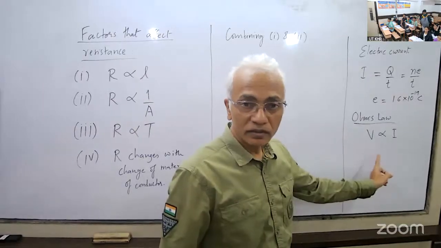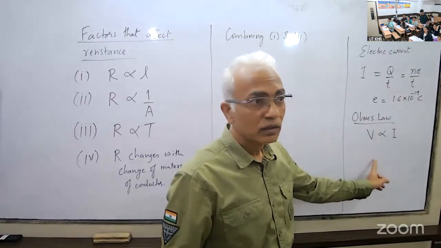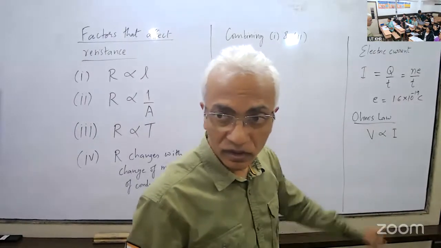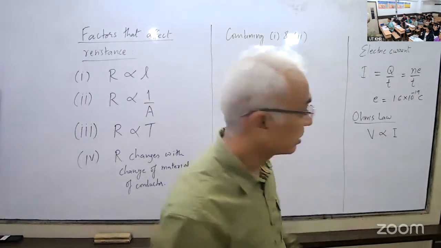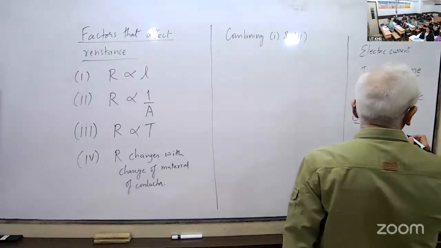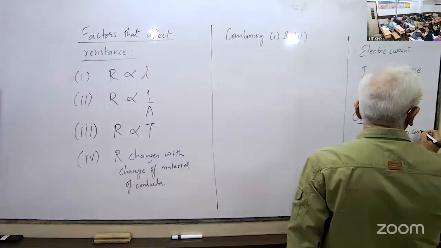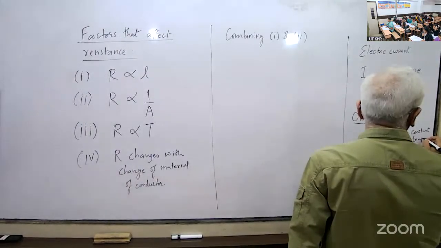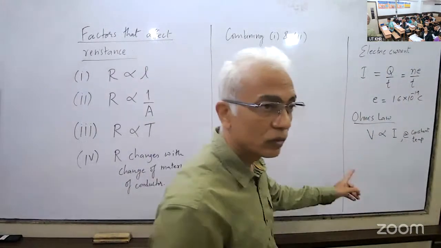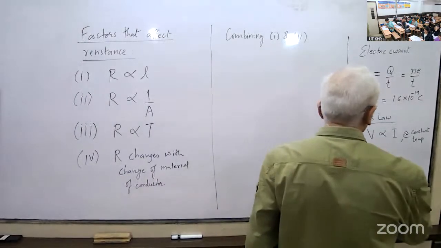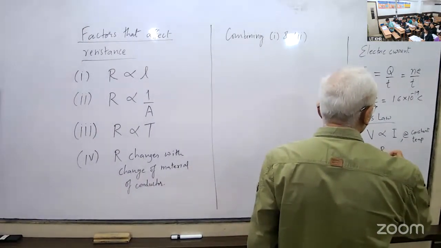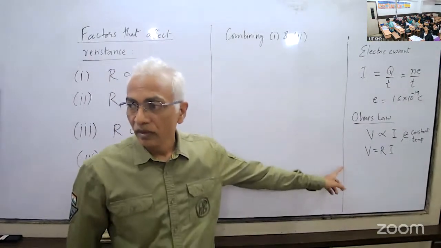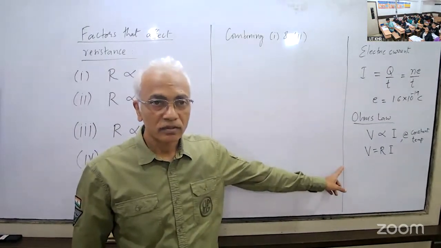When is it valid? When the temperature is constant. This law is valid only for constant temperature. So at constant temperature. Okay. Now when you remove the proportionality, what you get is R. So R is called resistance.